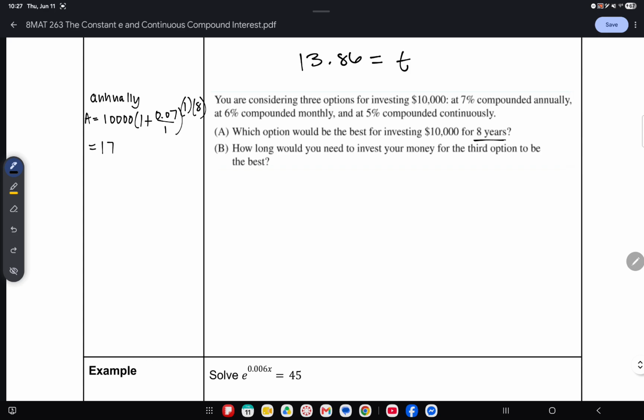So that gives me 17,181.86. Let's do the next one, monthly.